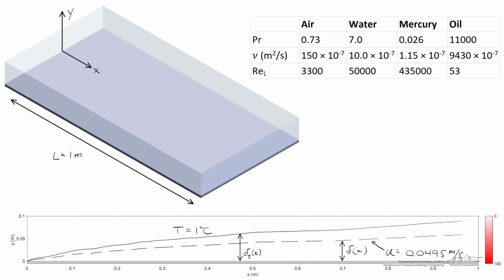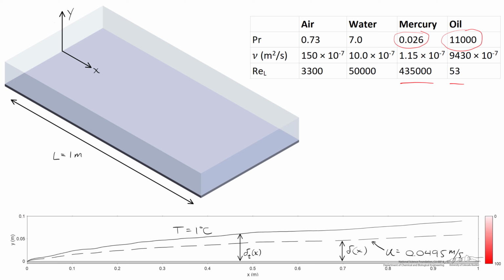These are the four fluids that we'll be looking at. I've provided Prandtl numbers, kinematic viscosity, and the Reynolds number at the trailing edge of the plate. Note that we'll be working with air, water, mercury, and oil. We'll have Reynolds numbers that range from over 400,000 down to about 50 between mercury and oil. And the Prandtl numbers are going to range several orders of magnitude, from something really small for mercury to something really large for oil.